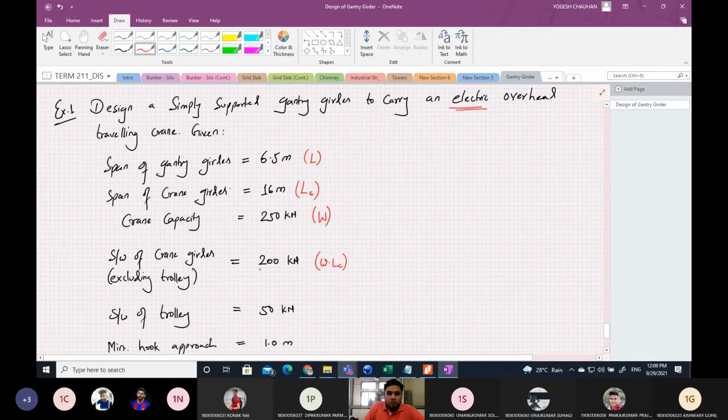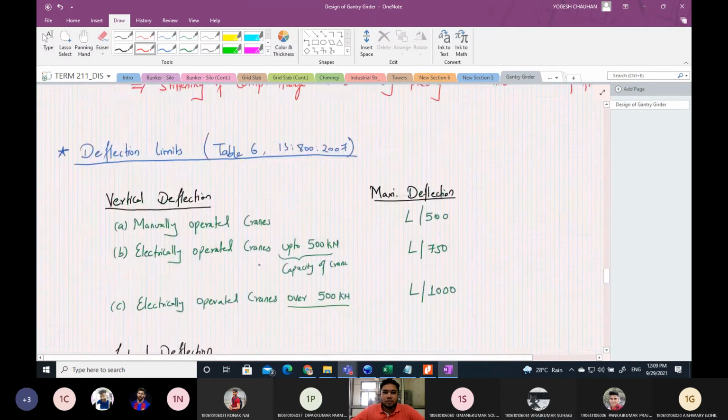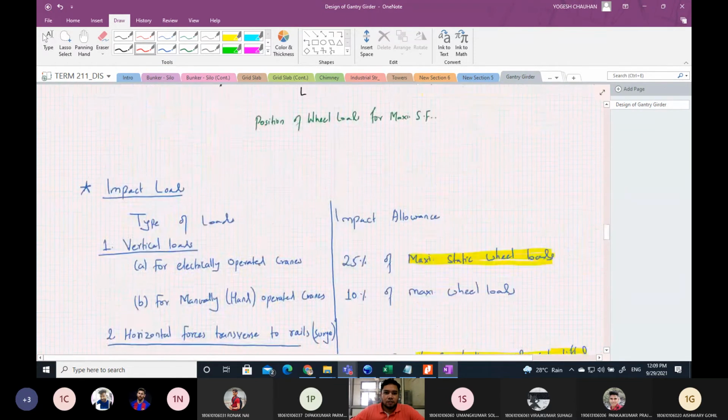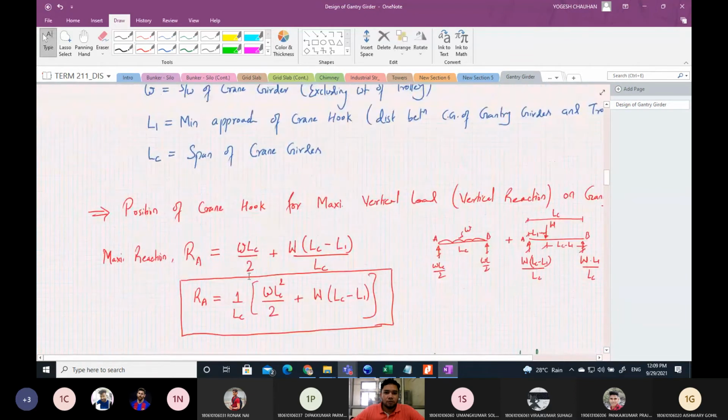This is the total load, and we have formulated the equation for reactions for UDL.